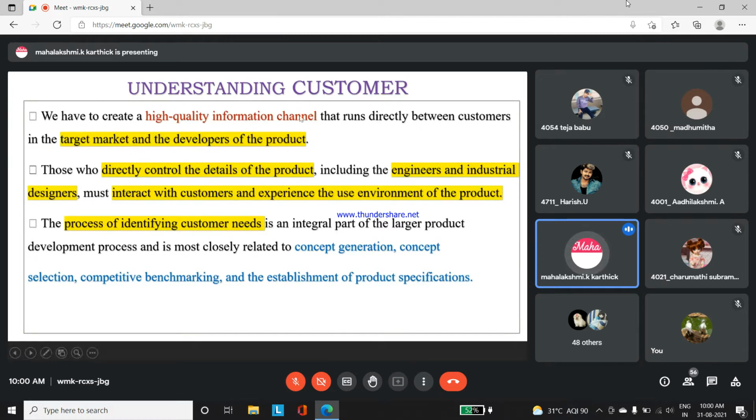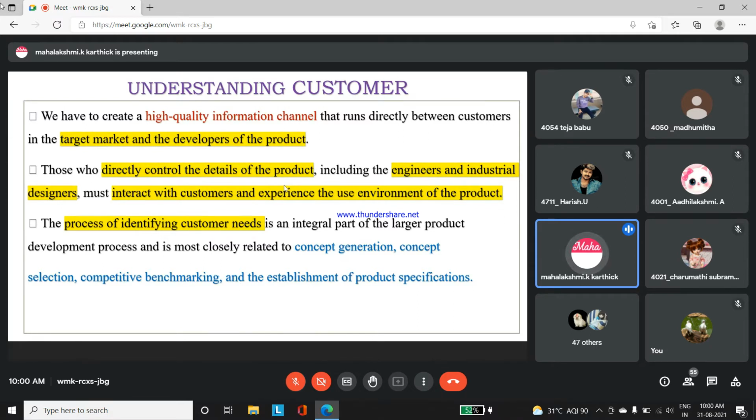This all shows the high quality information channel between the customer in the target market and the developers of the product. You are fully involved in developing a particular product only if the customer buys your product. At the same time, if your product reaches the target market, then you become economically strong in your business. So understanding customer is not the easiest job. Second point, it directly controls the details of the product.